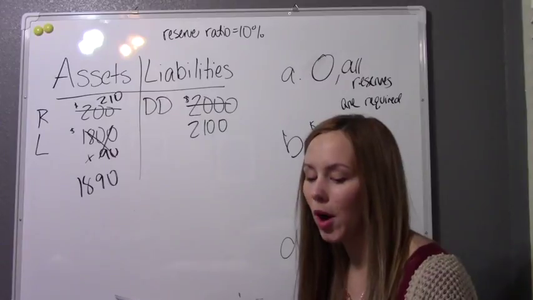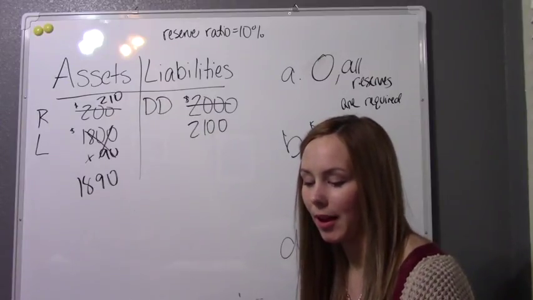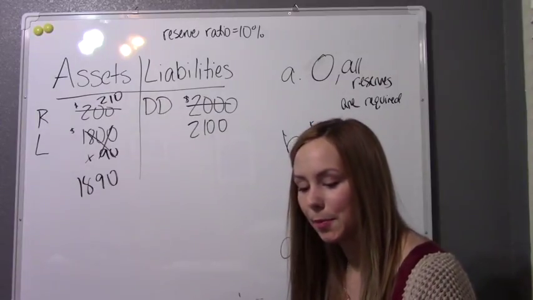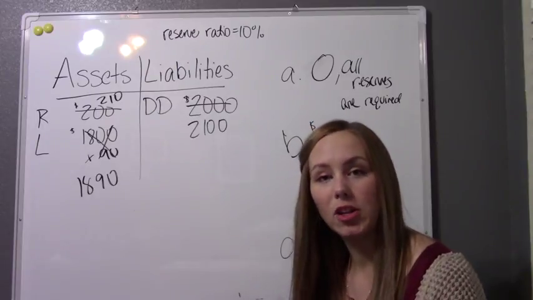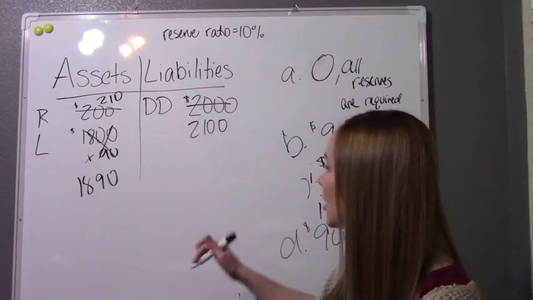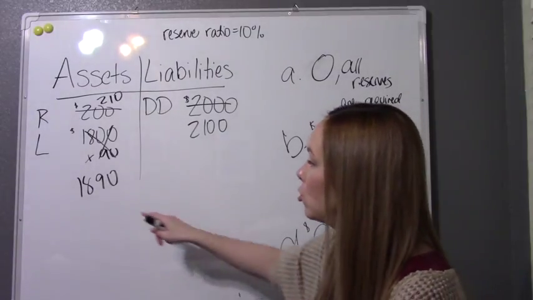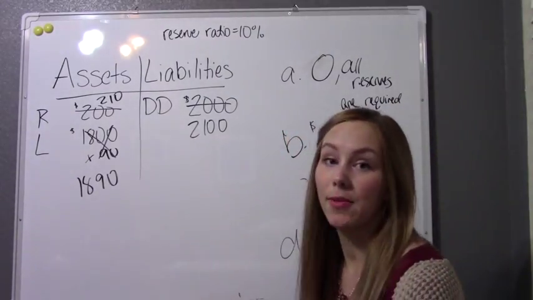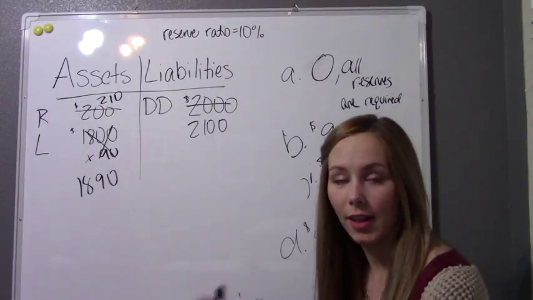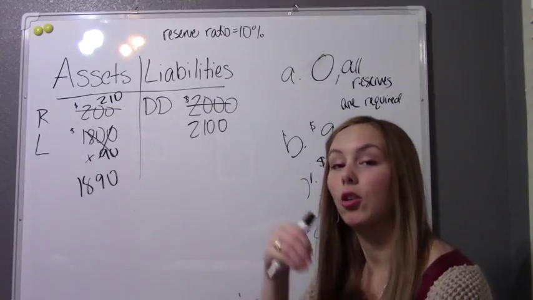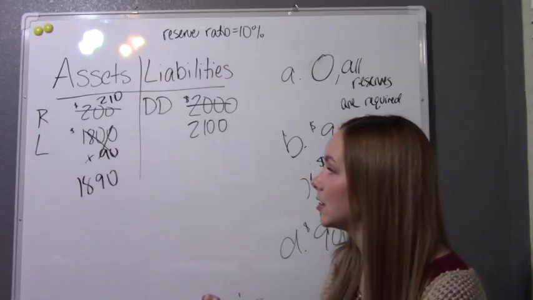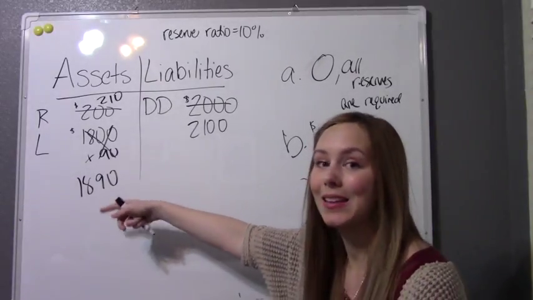And then part E, provide one reason why the actual change in the money supply can be smaller than the maximum change you identified in part D. Remember, this is looking at the maximum it can increase by, but if some of those people who took out the loans kept some of that money as cash and didn't redeposit all of it, that could be one reason why it might not increase by that much. Another reason is if the bank kept some of that money as excess reserves.